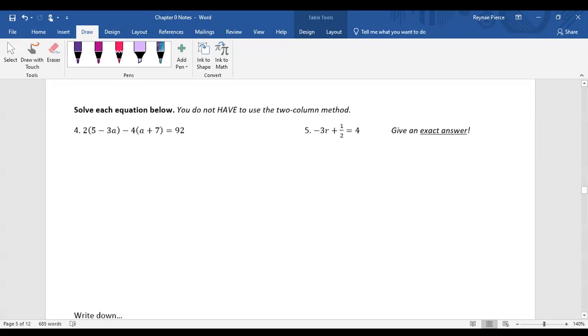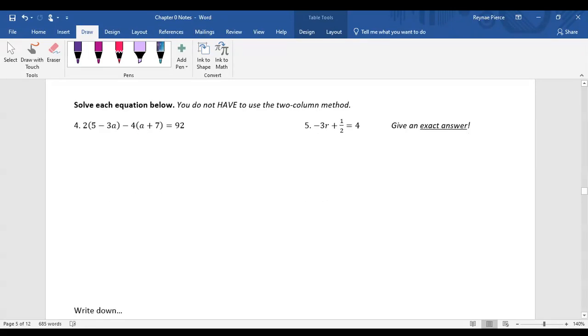Now, for these last 2 examples, we do not have to use the 2-column method. We're just going to solve these like regular linear equations. We're still using those properties, we're just not organizing it in that 2-column format.